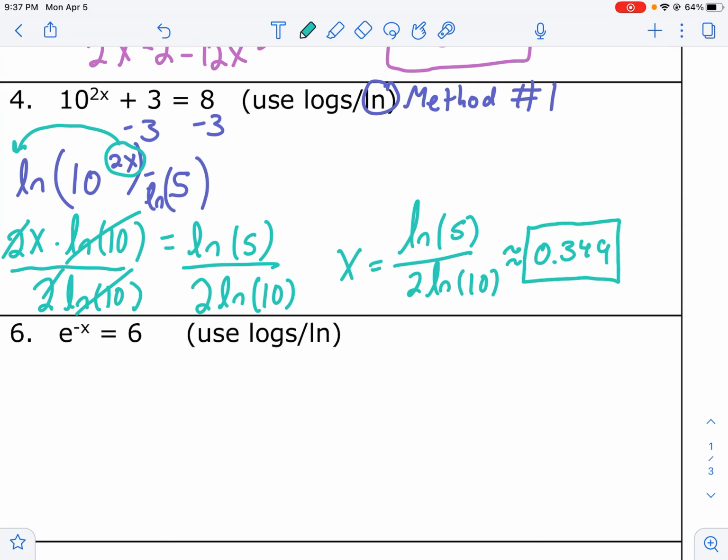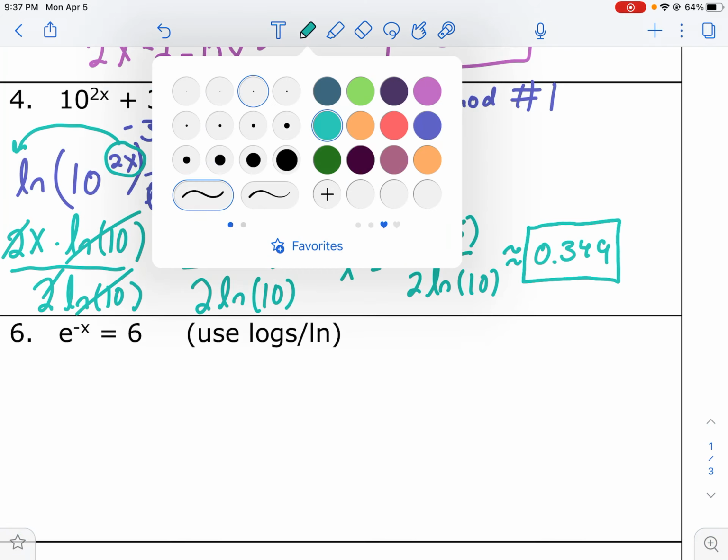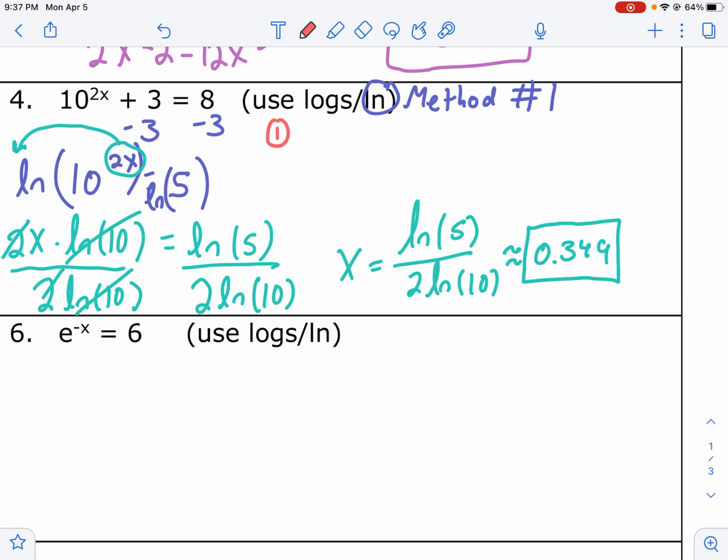I do use the approximate squiggles because, for the most part, when we use natural log or log to solve, we're going to round our answer, so it's always approximate, right? So let's kind of review the steps here. The first step that we took was we had to isolate the exponent.